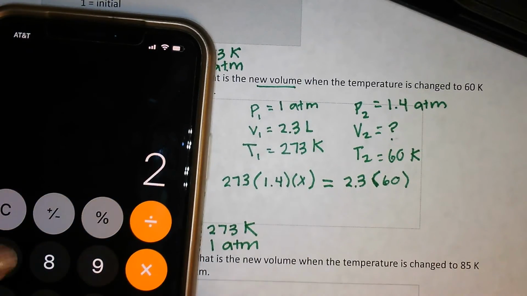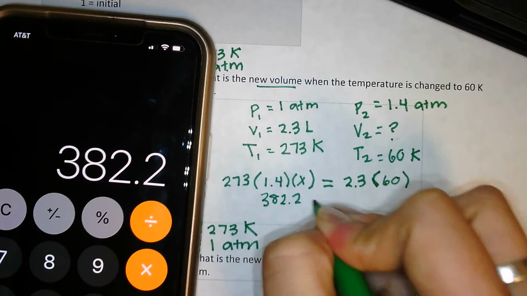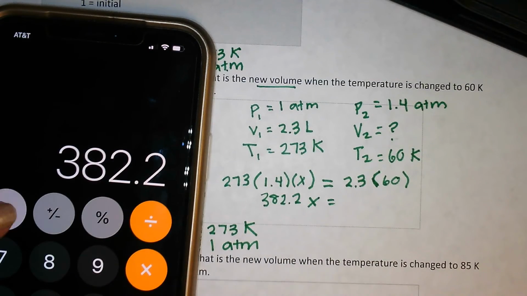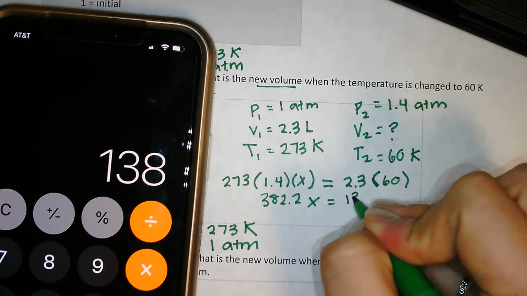So 273 times 1.4 is 382.2x is equal to 2.3 times 60. Whoop, messed that up. Times 60, 138.